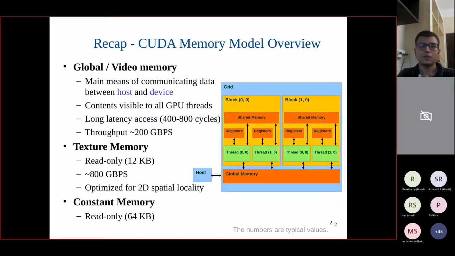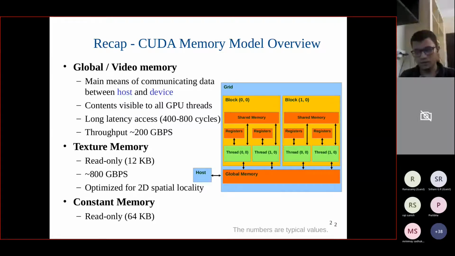But throughput is the number of operations performed per unit time.